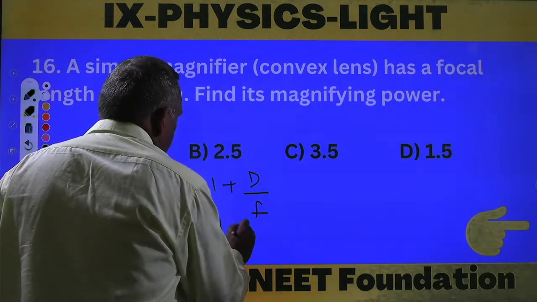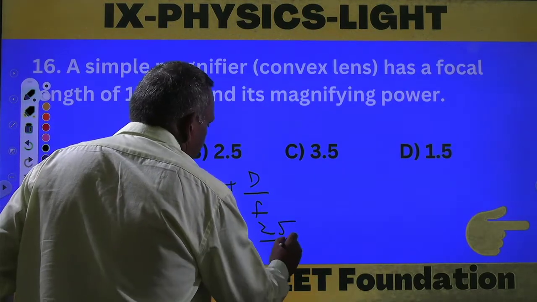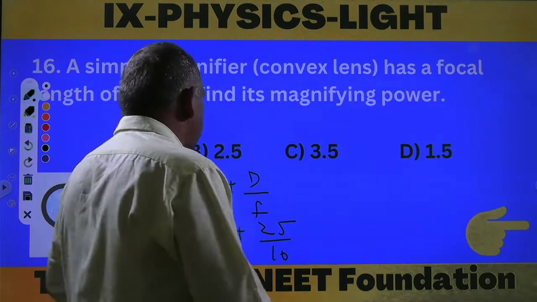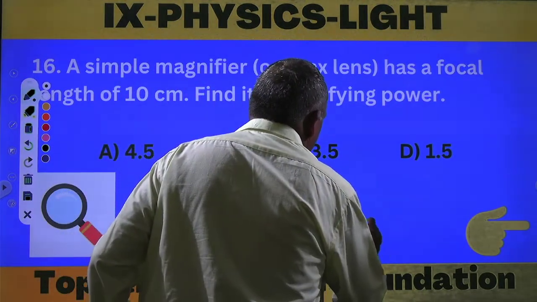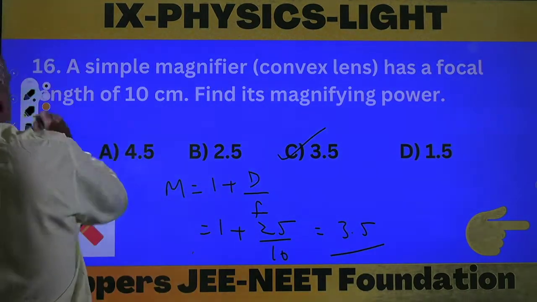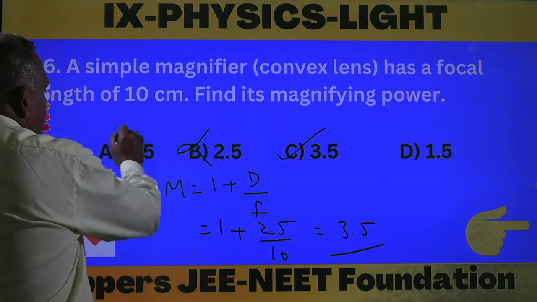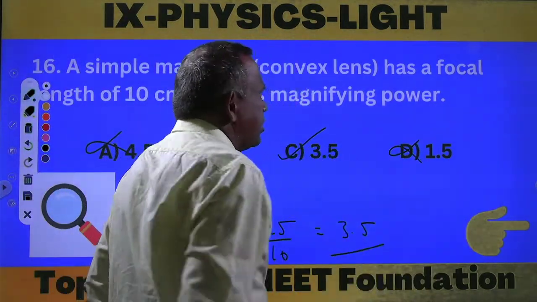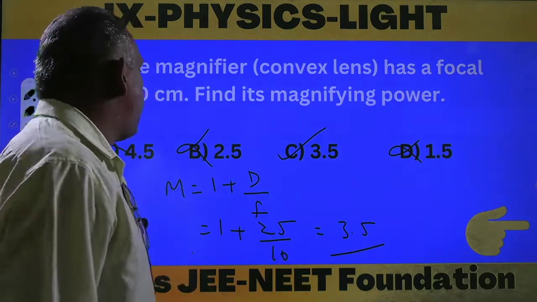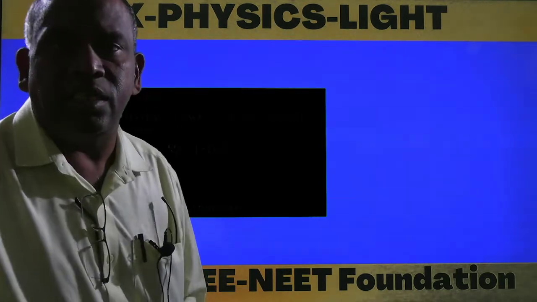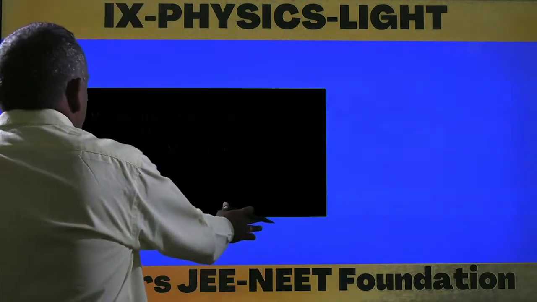So 1 plus the least distance, 25 upon 10. That is 2.5 plus 1, which becomes 3.5. In the given options, option C is the correct answer. The remaining options, 4.5, 2.5 and 1.5, are wrong. So the answer is 3.5. This is the solution for this question.